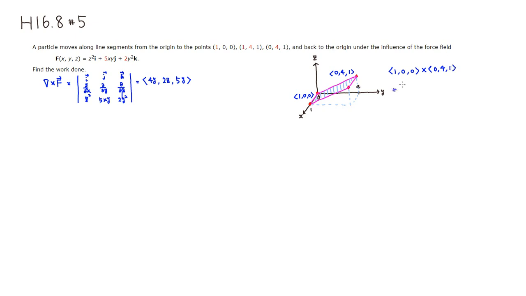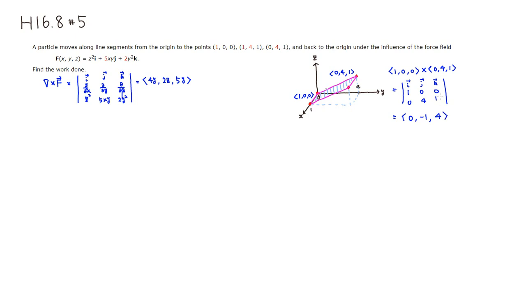The first component is 0, the second component is 0 minus 1, so negative 1, and the last component is 4 minus 0, so it's going to be 4.